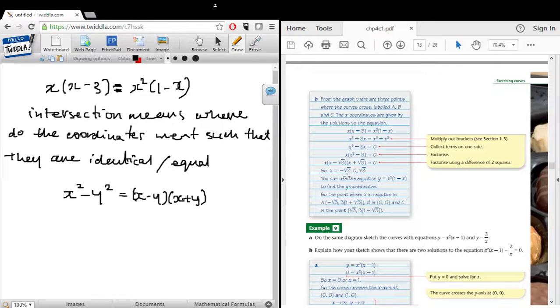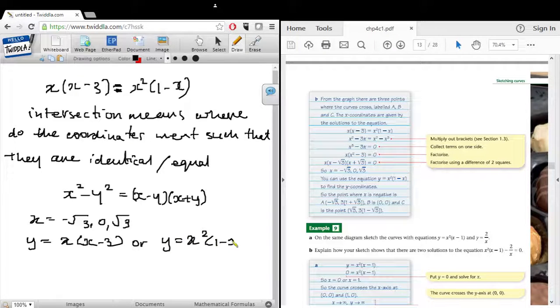And then we have these three particular x values. Then you just reinsert x, square root of 3, 0, square root of 3, into any one of the equations. Could be this one, or could be y equals any one of them, and you'll get the answers that correspond to different values of x.